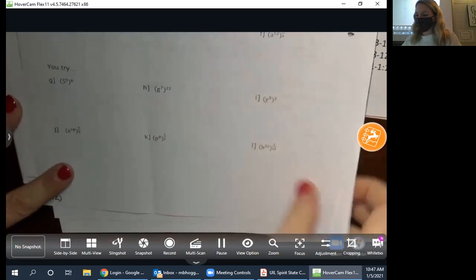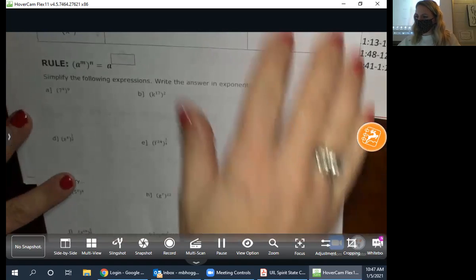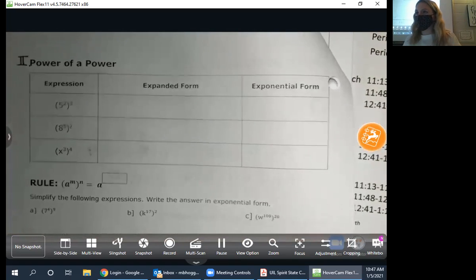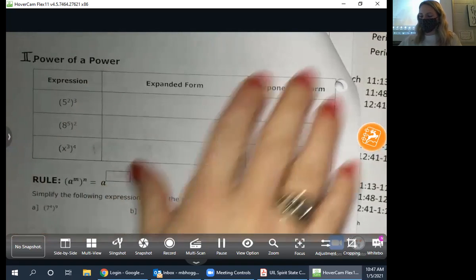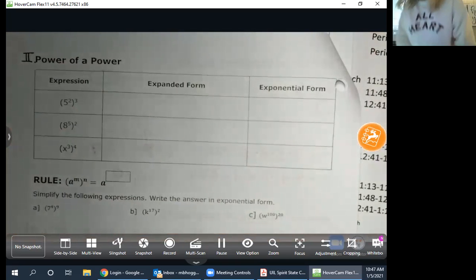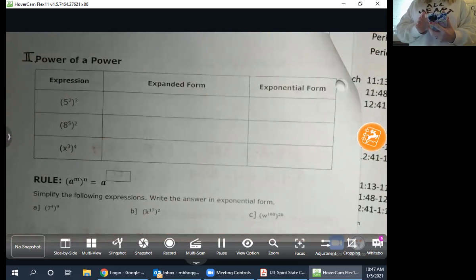Okay. All right, I need everybody on page 2, the very top. We're looking at the second rule, which is power of a power. Okay? Power of a power. So let's look at that. So kind of figure this out. We're going to put this in expanded form first, like we did with the others.